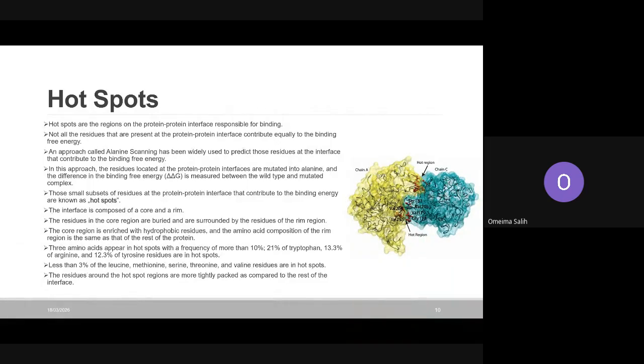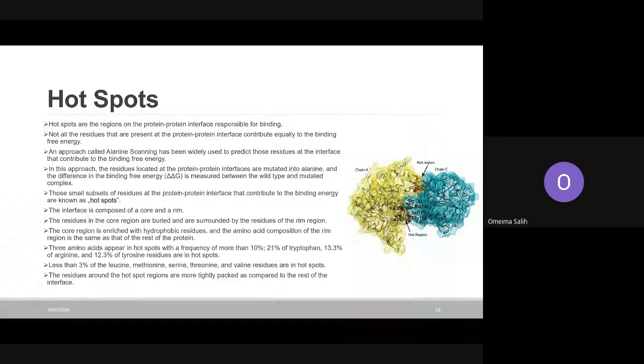That means we are mutating certain amino acids within the polypeptide chain that we need to study, by introducing alanine instead of the original amino acid. We replace it with alanine and check whether this polypeptide chain interacts with the other polypeptide chains. If it doesn't, then the amino acid that was replaced is responsible for binding.